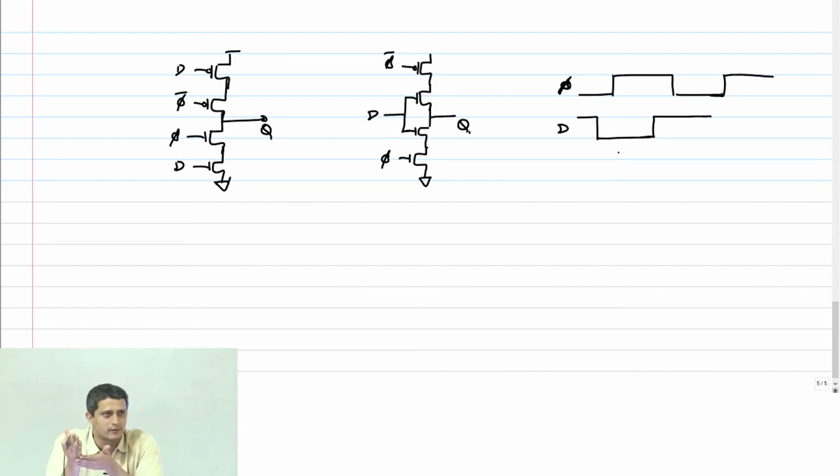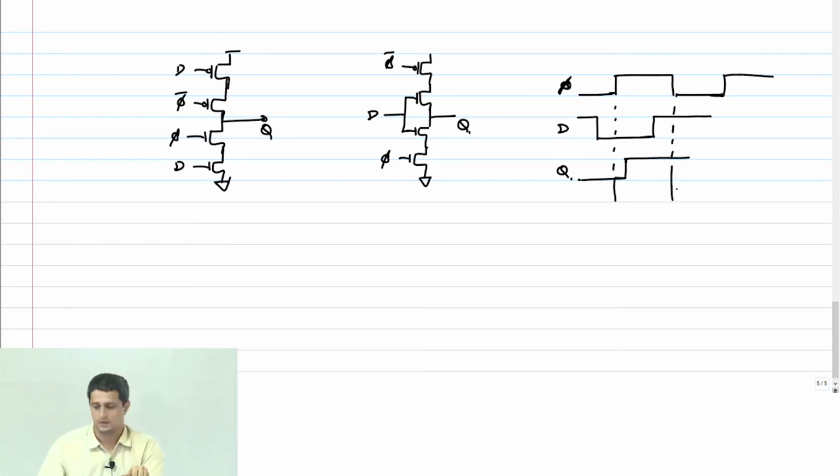It's in transparent state, right? So any change in D will just go through, right? There's no problem there. So if you look at the output here, this is a positive latch. So therefore, Q will simply follow D with an inversion, of course, and some delay. Now let's say D changes here, right? So this is, latch is transparent, latch is opaque.